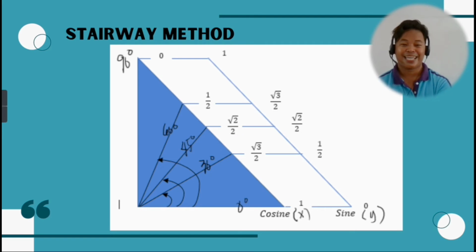Cosine 90 is 0. Sine 60 is square root of 3 over 2. Sine 30 is 1/2. And sine 0 is 0. So are you ready now to calculate the sine and the cosine functions without using a calculator?